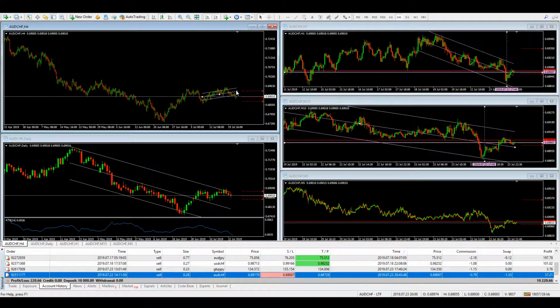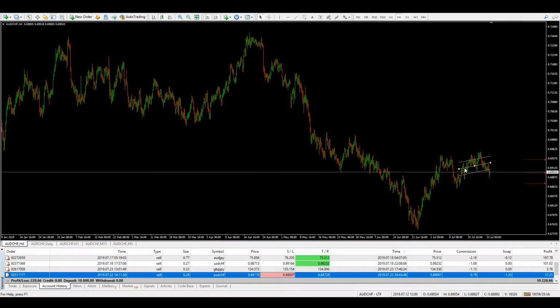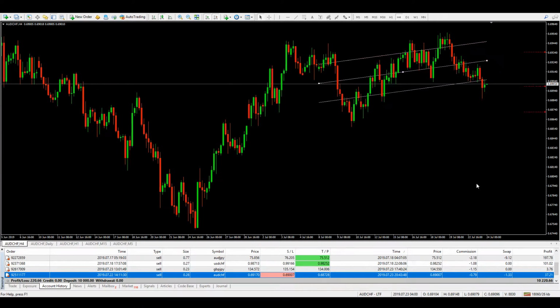It had still been in this, let's get the 4 hourly here. The standard deviation had still been, it doesn't want to move for me for some reason. The 4 hourly was looking something like this.